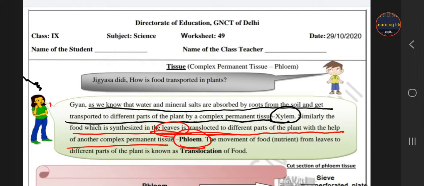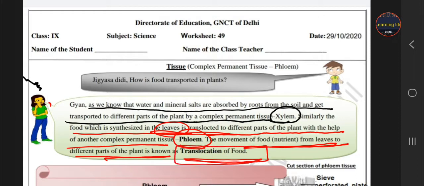Phloem means food translocation. The tissue responsible for the movement of food from leaves to the different parts of the plant is phloem, and this process is called translocation of food.